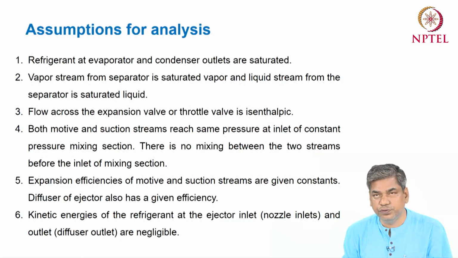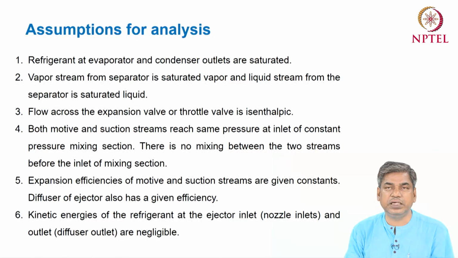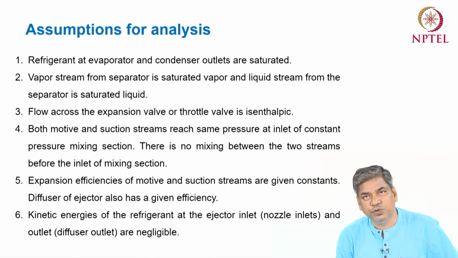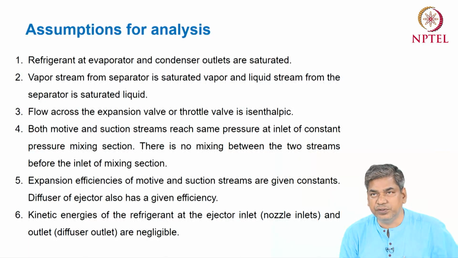Okay, so to do the theoretical analysis for this ejector refrigeration cycle, we have to make some assumptions. I have already discussed many of them: the evaporator outlet and condenser outlet are both saturated. The vapor stream from the separator is saturated vapor, and the liquid stream from the separator is saturated liquid.